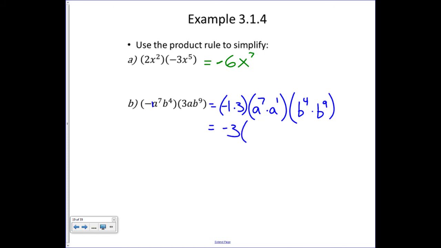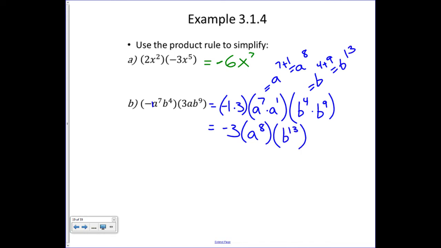A to the 7th times a to the 1st, that's a to the 7 plus 1, or just a to the 8th. And b to the 4th times b to the 9th is b to the 4 plus 9, or b to the 13th. And so our final answer is negative 3, a to the 8th, b to the 13th. And so if you've got numbers involved, multiply the numbers, and then multiply the variables by adding their exponents.